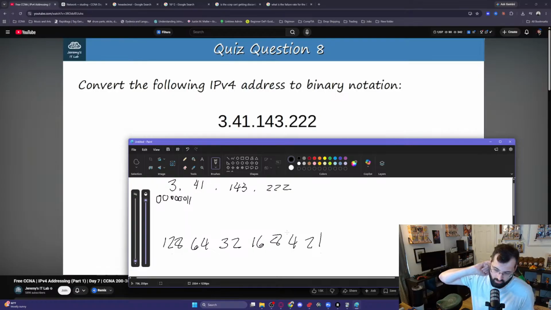Oh, no, there can't be a 16. So 32, because 32 plus 16 is 48. That breaks it. But 32 plus 8 is 40. So it's going to be 0 0 1 0 1 0 1 1. Okay, and then 143.